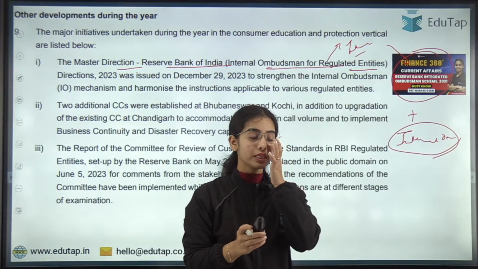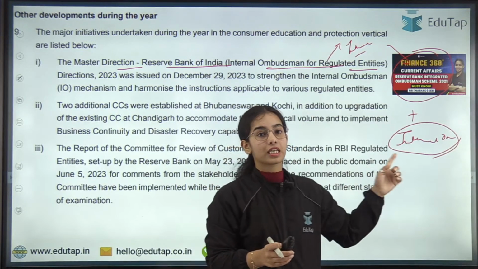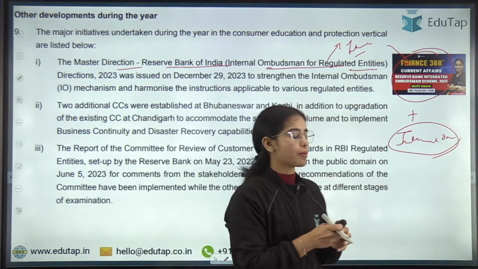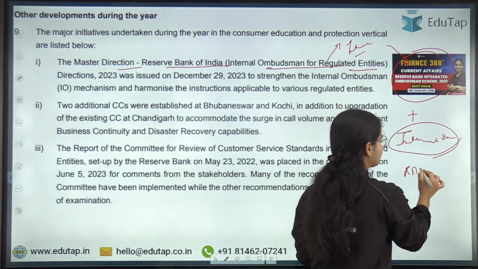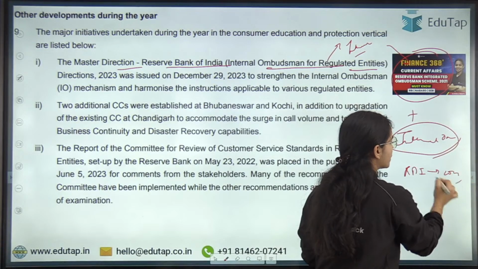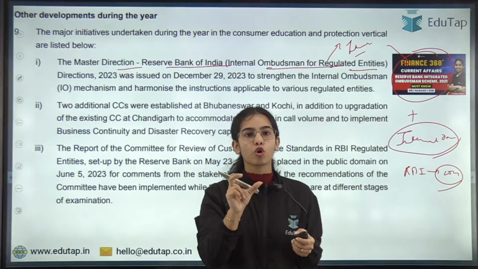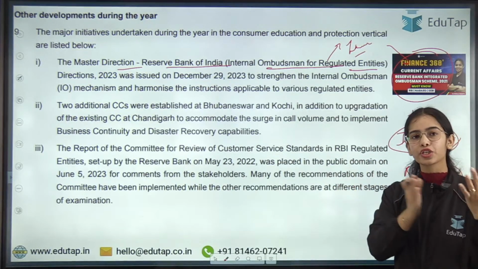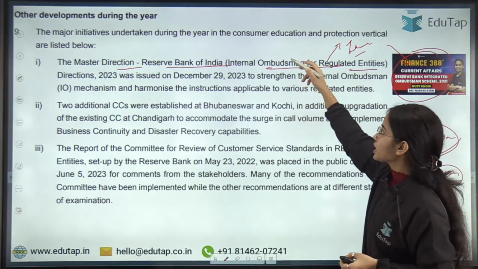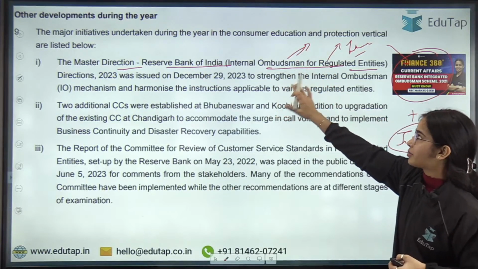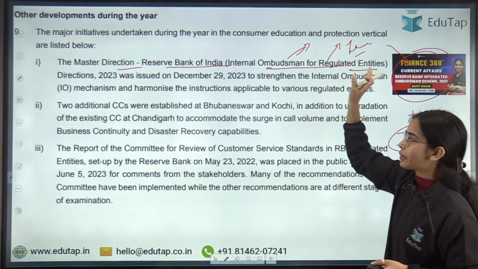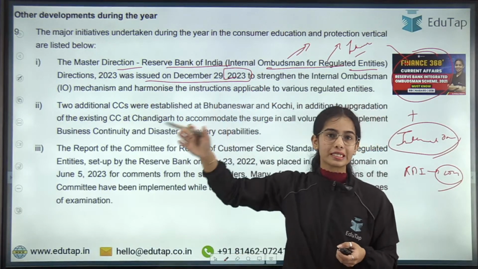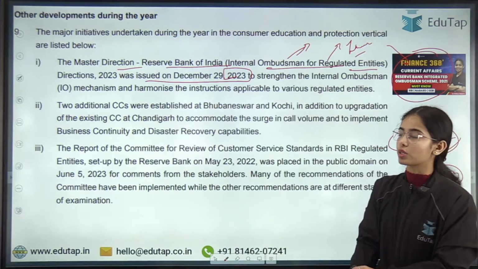Do see that session, because there was a direct question from the internal ombudsman scheme in the RBI Grade B 2024 examination. I took a complete session on this last month. This master direction was issued on December 29, 2023.